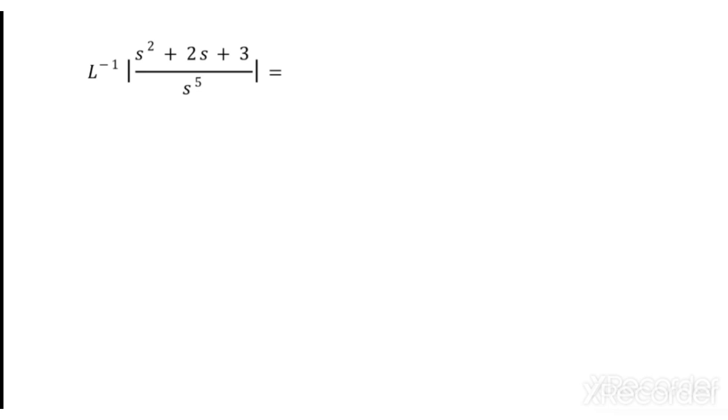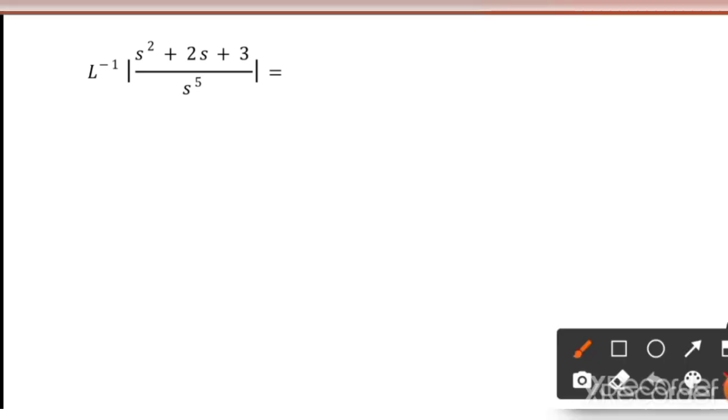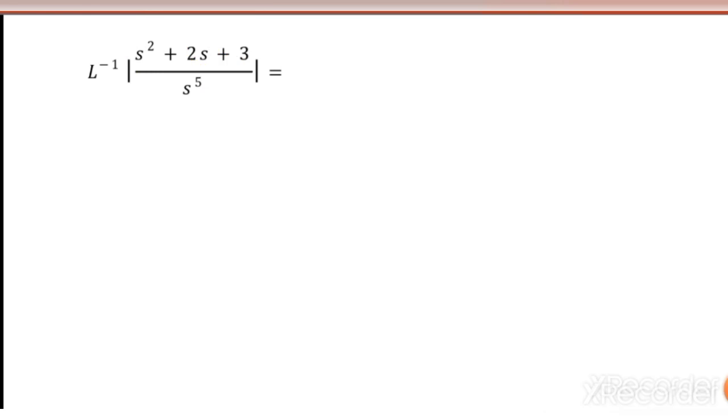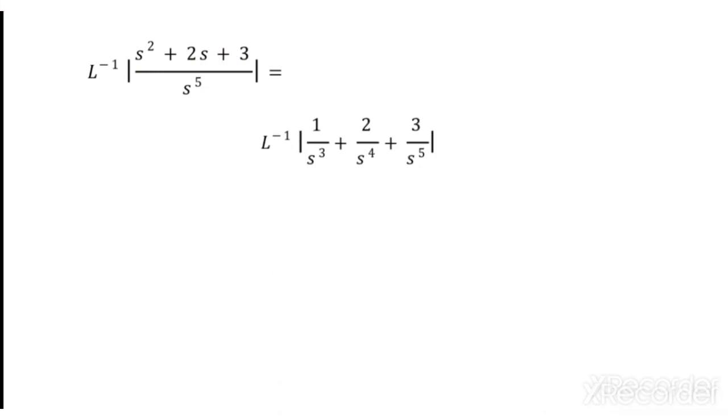So here I have to simplify. So this is the easiest one. So I can split term by term. So I have s square by s power 5, 2s by s power 5, 3 by s power 5. So if I split that, what we'll get? 1 by s cube, 2 by s power 4, 3 by s power 5. So 1 by s cube, 1 by s power 4, 2 is anyhow constant, 2 times L inverse.